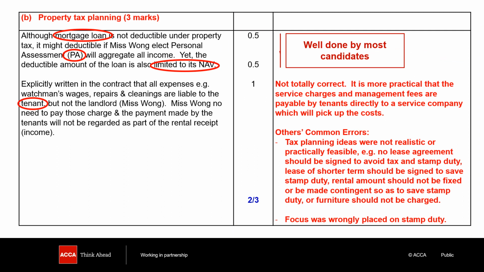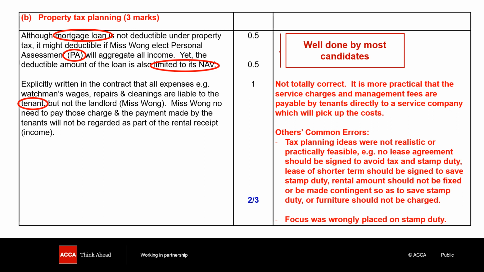To answer part B, this candidate was able to gain some marks on suggesting electing PA in order to obtain the mortgage loan interest deduction. Actually, on this part, most candidates have performed well and gained the marks.